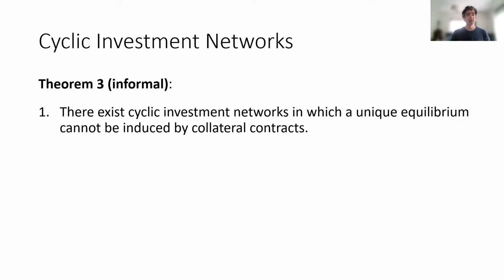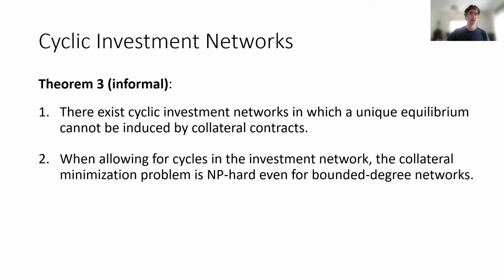Now, when we look at the networks with cycles, things are different. First, there exist investment networks where a unique equilibrium cannot be induced by collateral contracts, even if you give full collaterals to all investors. And we show, as I said, exactly how to find these cases and characterize them.